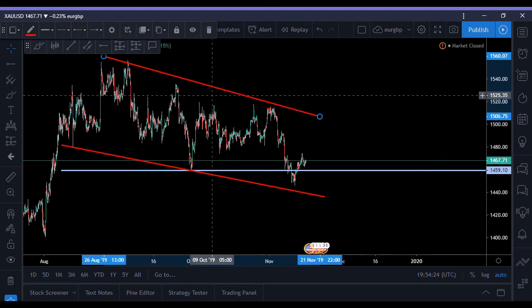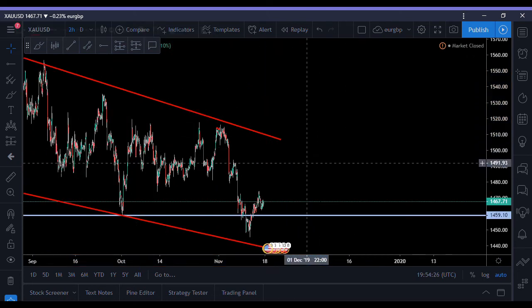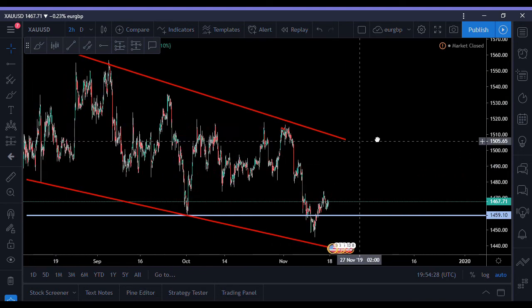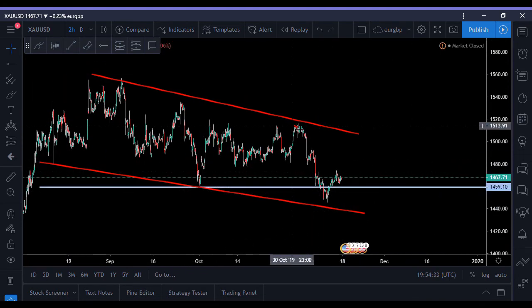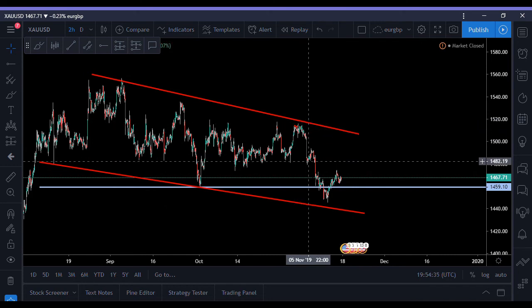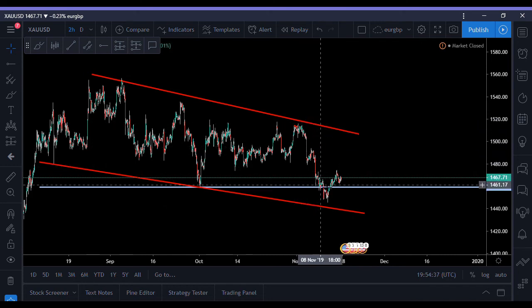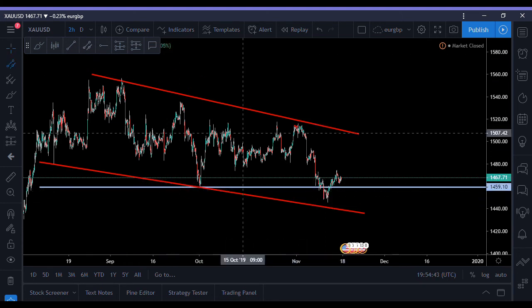So right now what I'm waiting for, with this price action, it doesn't seem as if price is going to return to the downside. As you can see here with impulse, correction, impulse, then from this area it started moving a little bit slower in a descending channel.